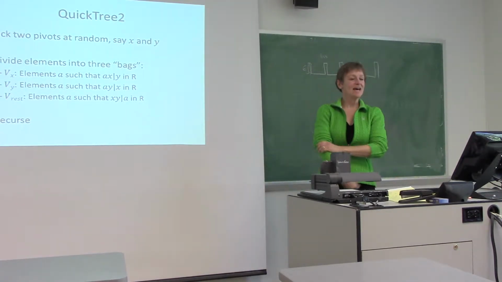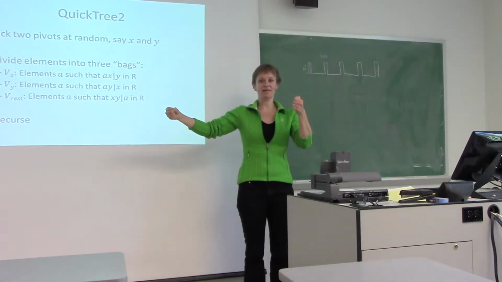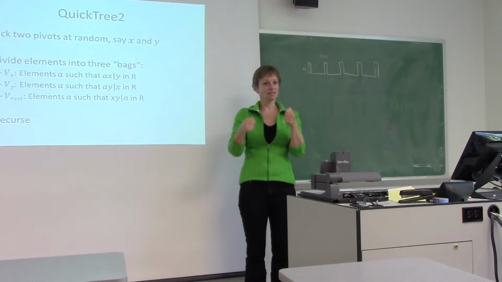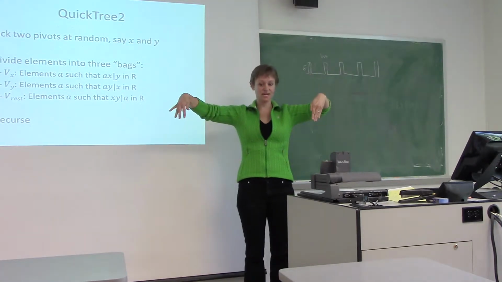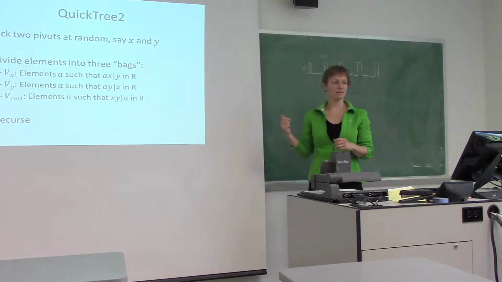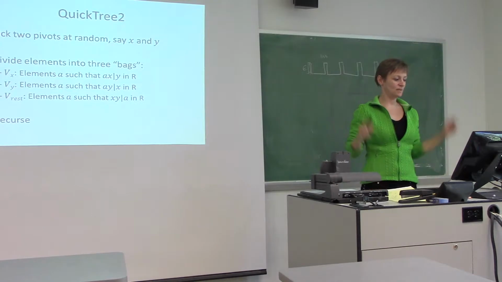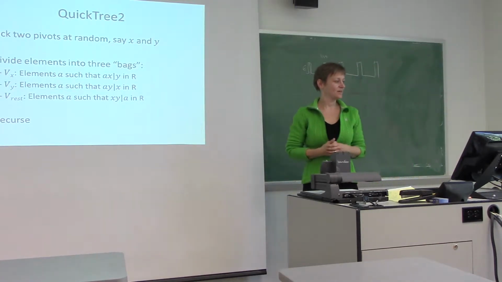Jamie's algorithm fixes the x and y that it's going to pick. It deterministically chooses a good x and y on different sides of the root. In the other quick tree algorithm, we're going to pick two pivots at random, x and y. Then we divide the elements into three bags.